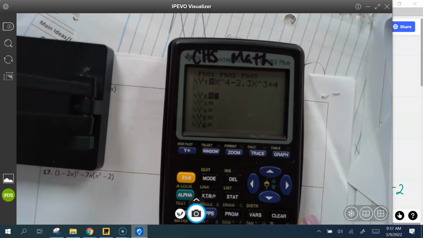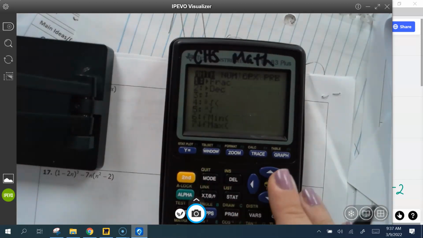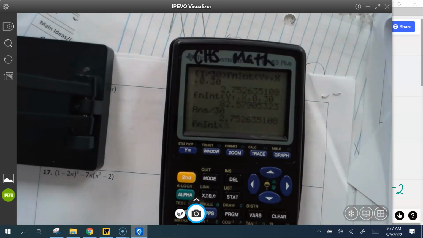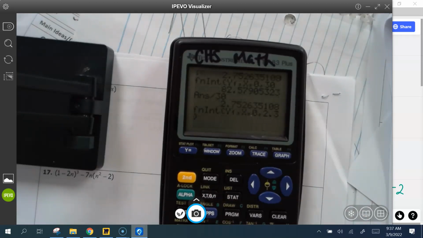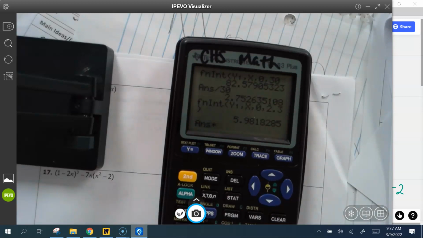Yes. All I did was go math, integral, y1 with respect to x, from 0 to 2.3. And remember, you have that pi outside of it, so I had to say times pi.